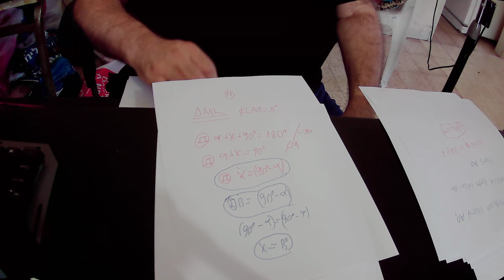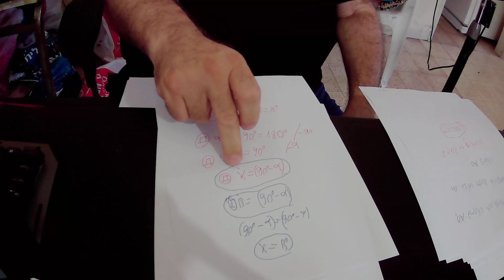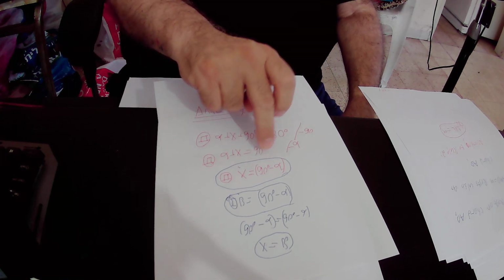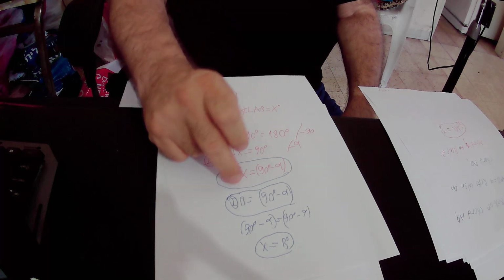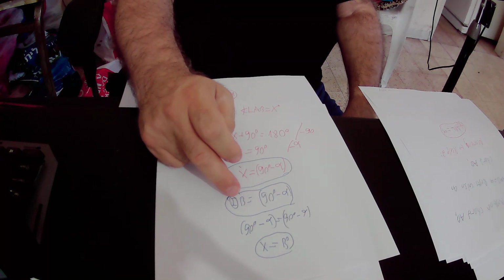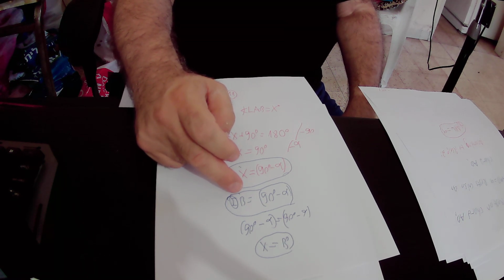Okay, and from equation number 2 we got that x equals 90 degrees minus alpha. But from equation number 1 we know that beta also equals 90 degrees minus alpha. So x equals 90 degrees minus alpha, and beta also equals 90 degrees minus alpha.